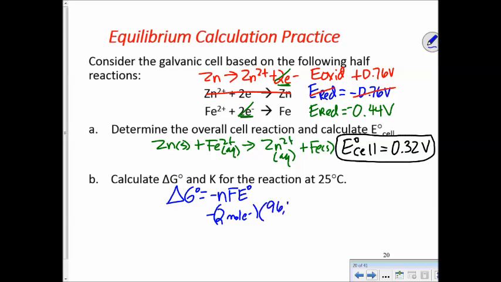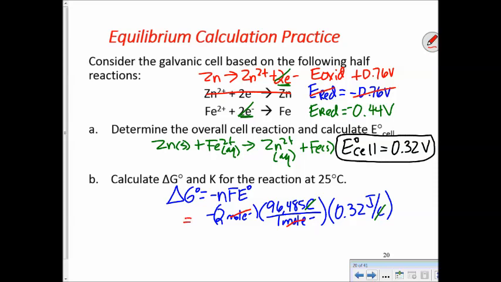Faraday's constant. And the E cell. Remember, this is joules per coulomb. So we can cancel once again. You don't have to do this each time. I'm just trying to demonstrate one more time how we end up with joules.